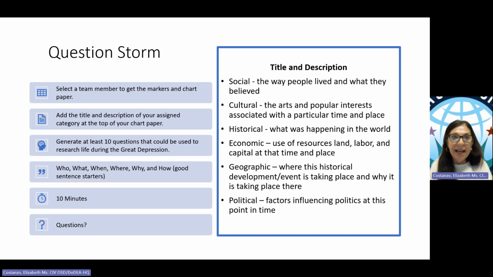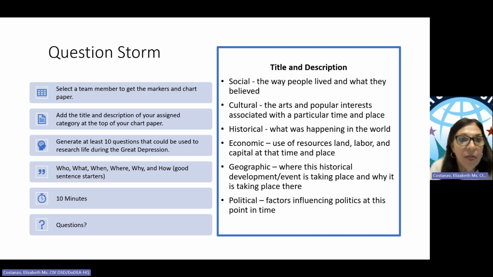So here's what's going to happen next. I'm going to have you join your teams, and one team member is going to get the chart paper and the markers for the entire group. Once you get your chart paper and markers, you are going to add your description and the title to the top of your page. For example, if you're social, you're going to have social, and you're going to have the definition for that, the way people lived and what they believed.